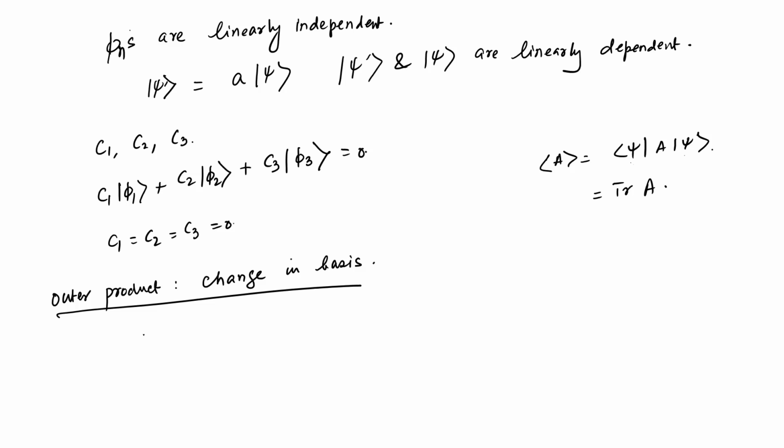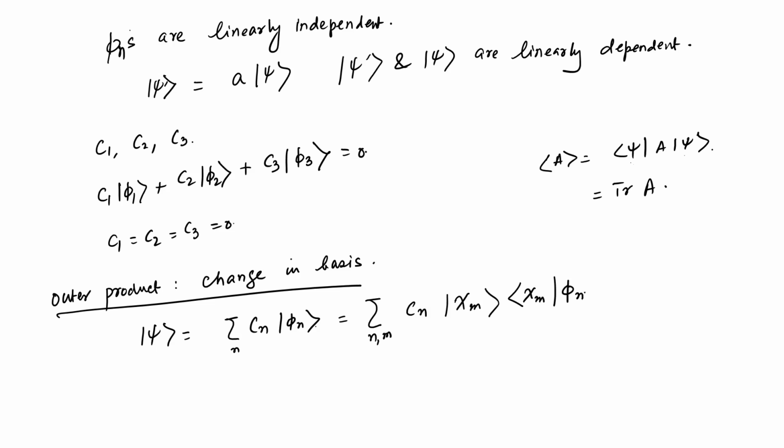Okay. So, we can write this down as the outer product, as there is a C n and a phi n, which is what we have written, and we introduce now a different basis, which is m. So, that is like a C n and a chi m, a different basis, and we have to use a chi m and then a phi n.